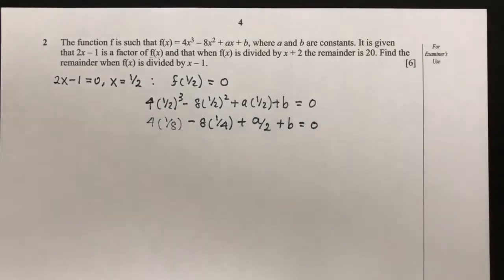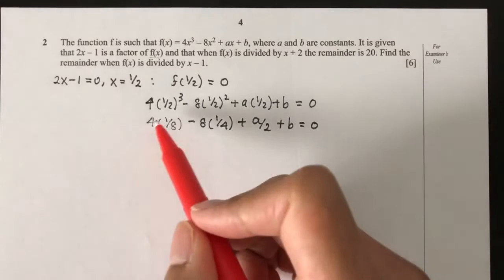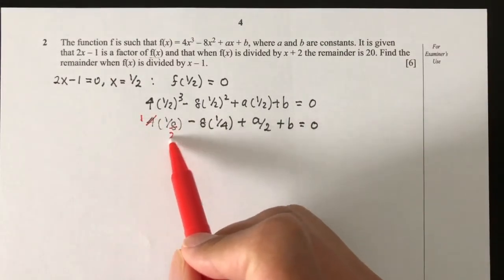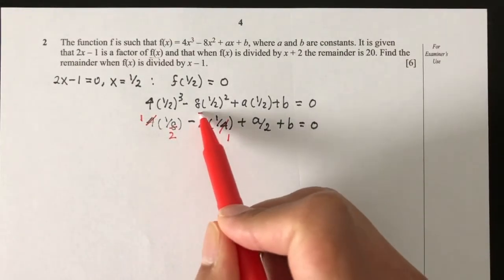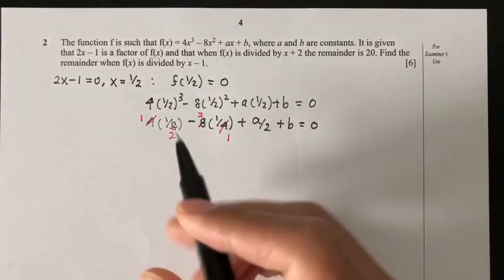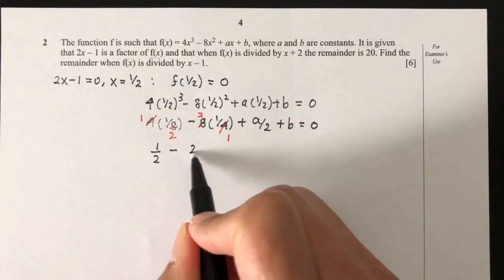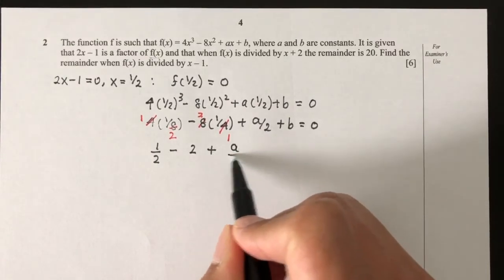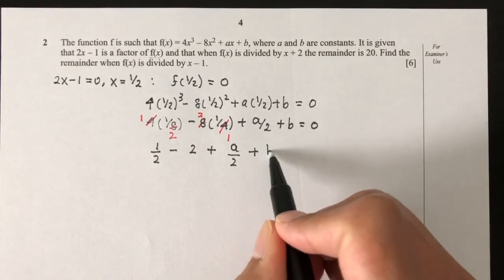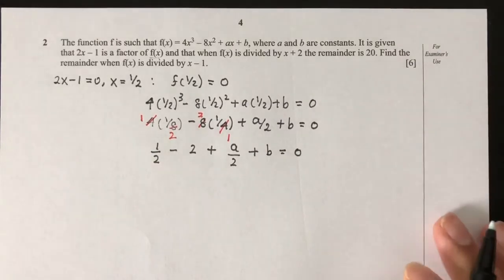Simplifying, the 4 goes away, and you will have half minus 2 plus a over 2 plus b is equal to 0.